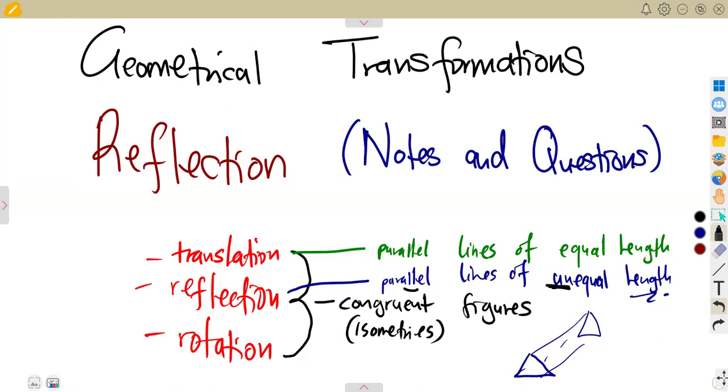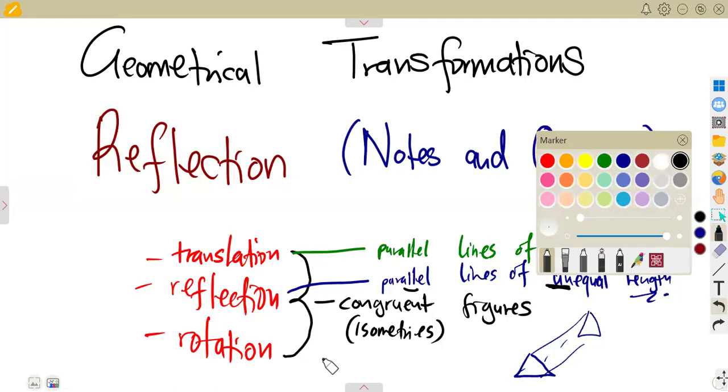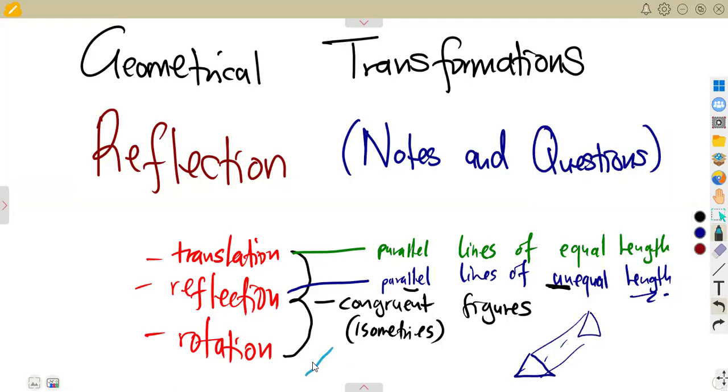A rotation is totally different from this. We're going to talk about this, but on a rotation, if lines are being drawn, they are going to cross each other like this. They are not parallel. They are going to cross each other at a certain point. That's a rotation.